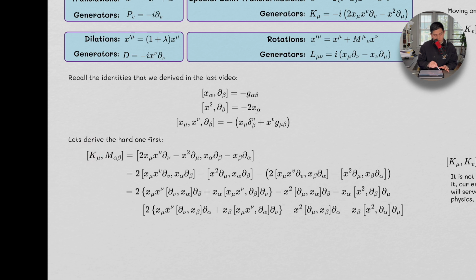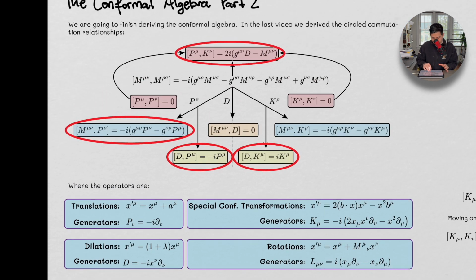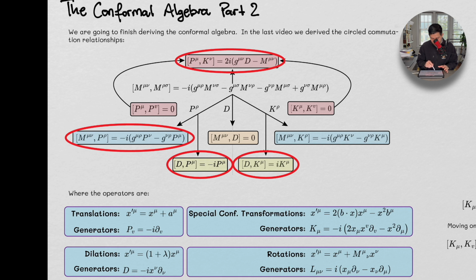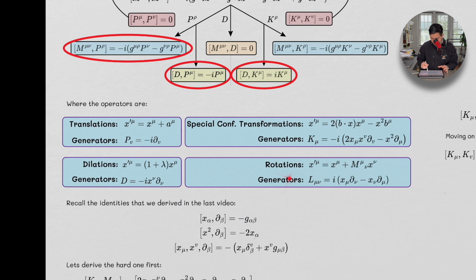This is our special conformal transformation generator with this M alpha beta. Recall that the M alpha beta is this M right here, right? These are the generators for our rotations.